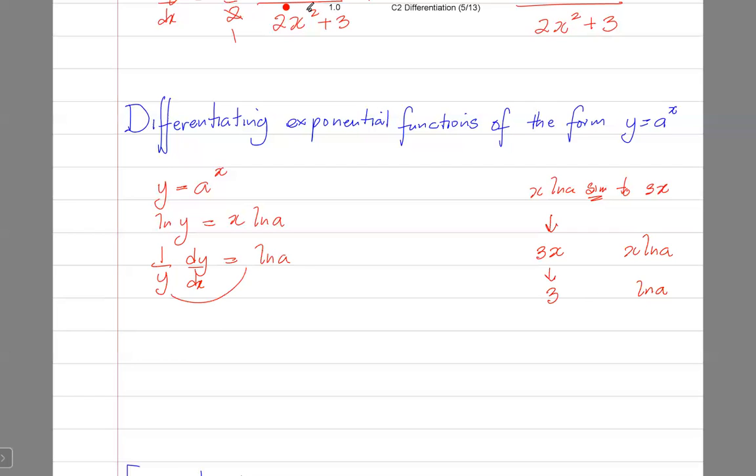I'm then going to move this y over here, and I'm going to get dy by dx is equal to y ln a. But y is equal to what? a to the x. So dy by dx is equal to y, which is a to the x, times ln a. So when you differentiate y is equal to a to the x, you're going to get a to the x ln a.